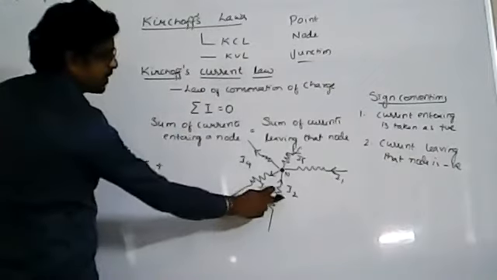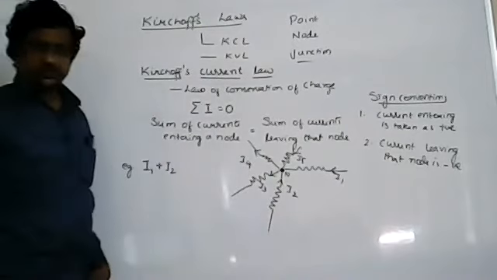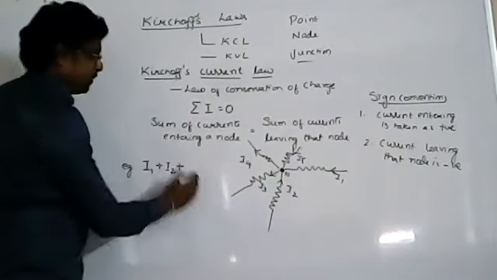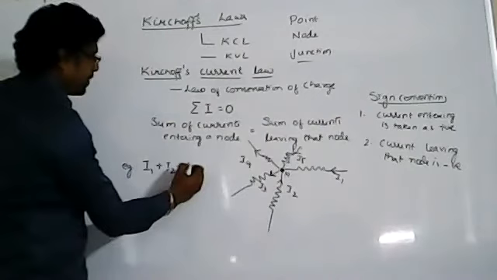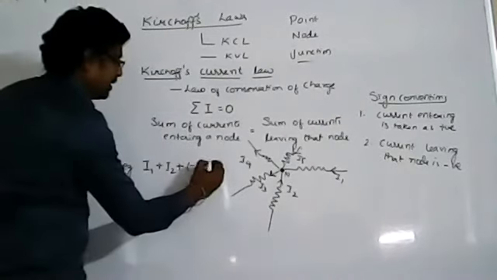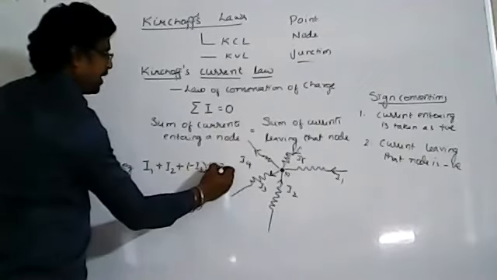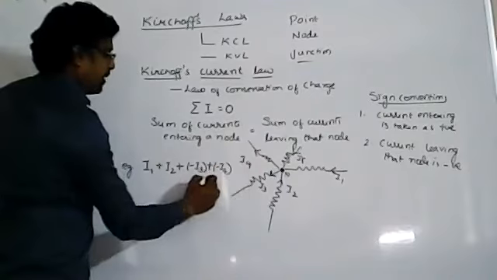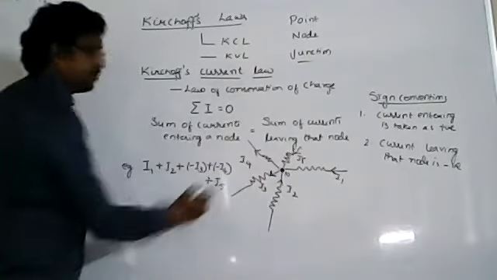Next, I2 is also entering the node, so plus I2. I3 is leaving the node, so minus I3. I4 is also leaving the node, so minus I4. I5 is entering the node, so plus I5.